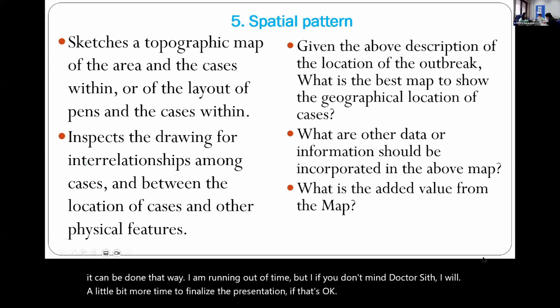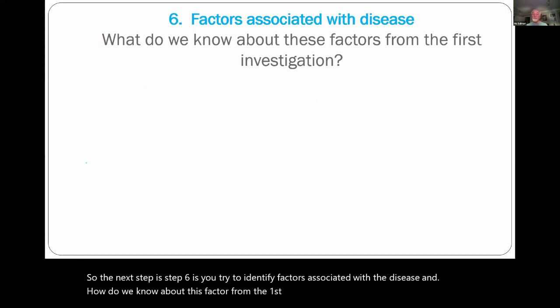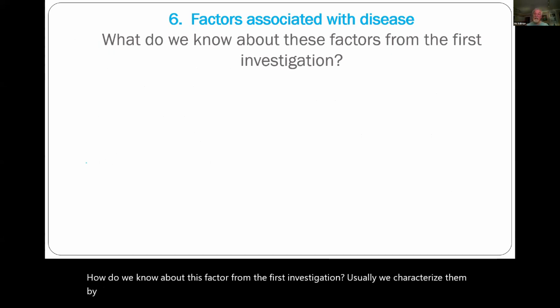Thank you. Okay, so the next step is step 6, where you try to identify factors associated with the disease. And how do we know about these factors from the first investigation? Usually we characterize them by the agent, by the host, and by the environment.